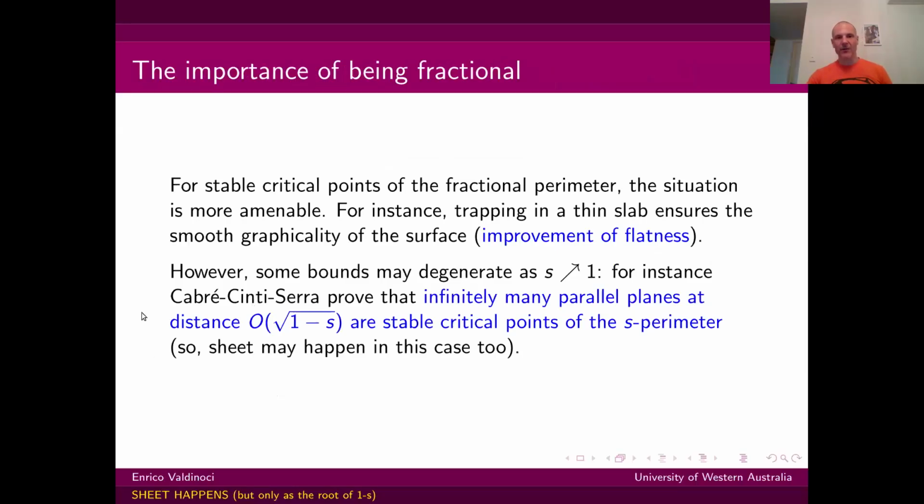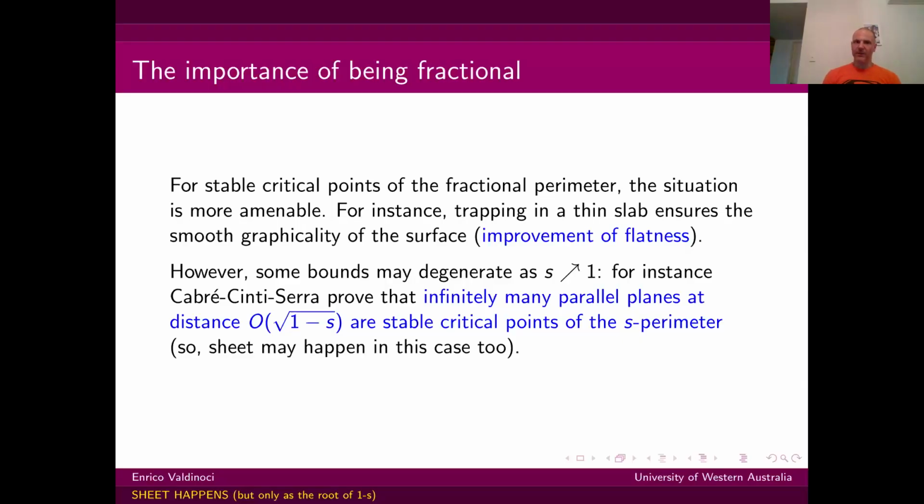So there is this result of Cabré, Cinti, and Serra, saying that if you have infinitely many planes in the non-local setting, infinitely many planes at the same distance always have zero non-local mean curvature, just by symmetry. However, if you want these planes to provide a stable critical point, then the distance has to be at least the root of 1 minus s.